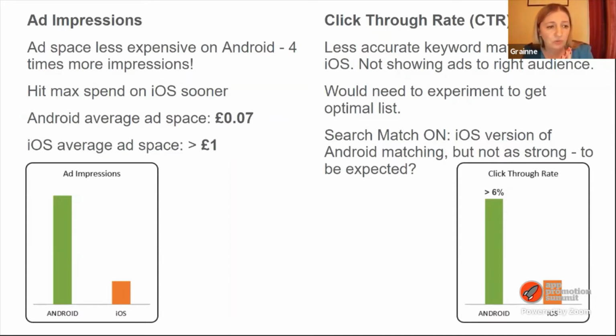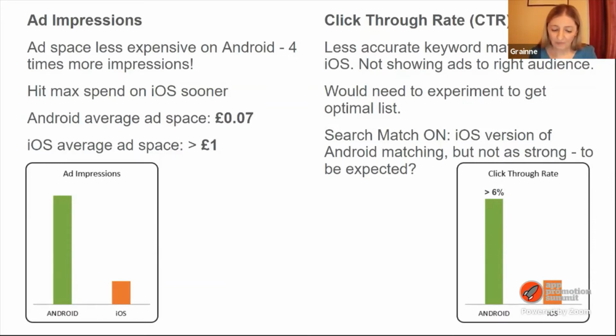So we can see there I've written the average ad space value. On the Android side, it was around 7p. And on the iOS side, it was over £1. So you can see it's a big difference there. The other thing that was interesting was how successful the ads are.